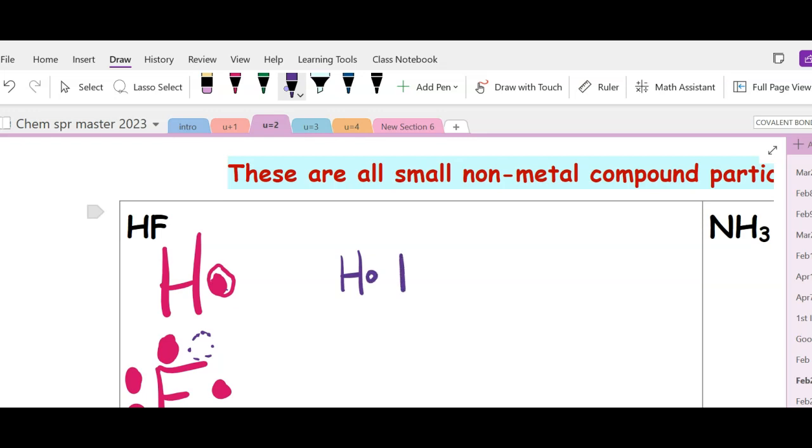And then fluorine, if it scoots over, has one here, and hydrogen has one here. And by sharing these two electrons, this is called a shared pair of electrons.